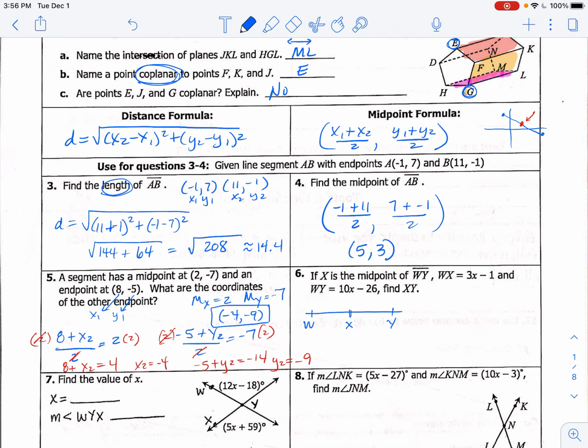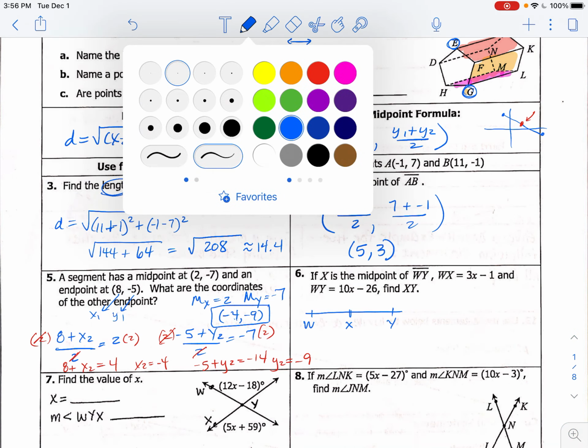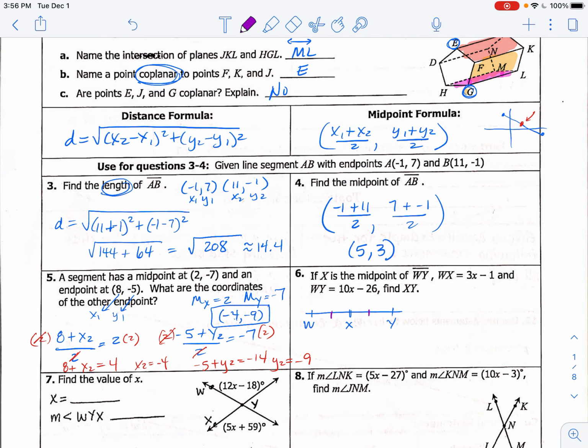If it's exactly in the middle, that means that both of these pieces are congruent. So wy, the whole thing, is equal to, let's start with wx is equal to 3x minus 1. wy, the whole thing, is equal to 10x minus 26.